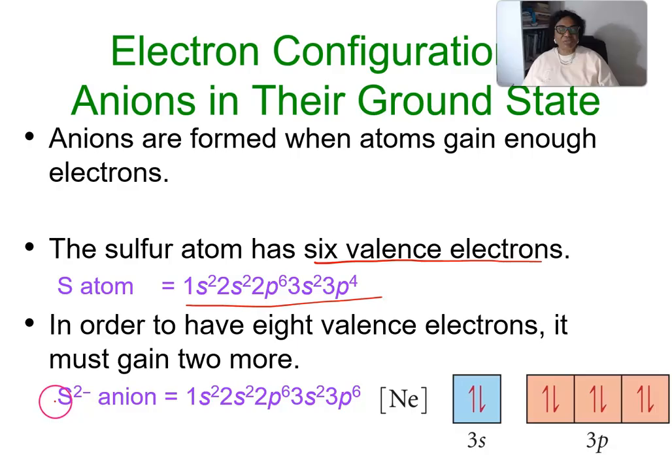So sulfur anion has this electronic configuration, which in the short form has the neon core, and 3s2, 3p6. So the orbital diagram looks like this for the anion.